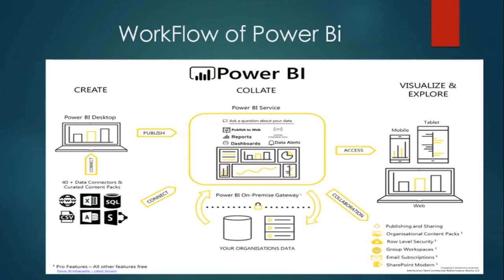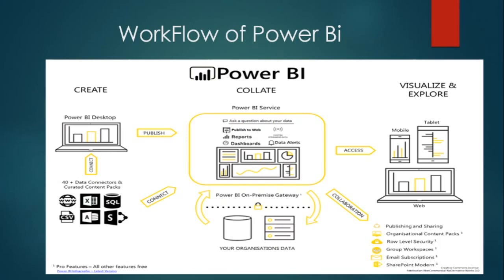So what you need to do is install the gateway on the cloud. Once you install the gateway, it will ask for the configuration of the gateway. You have to configure the gateway with your organization ID, so that you will be the admin of configuring the gateway, right? Once you configure the gateway, you will be able to access your report.